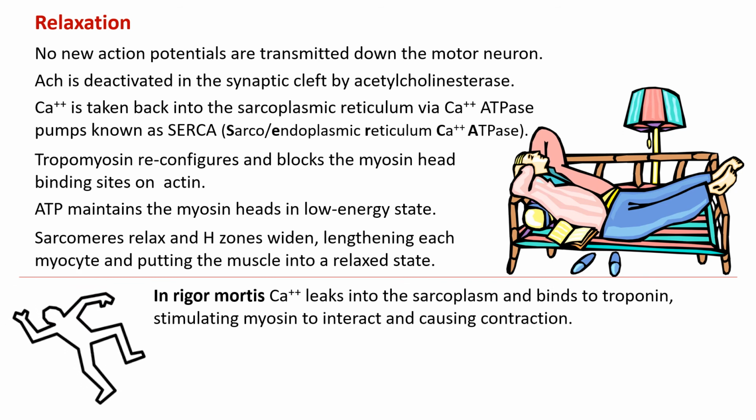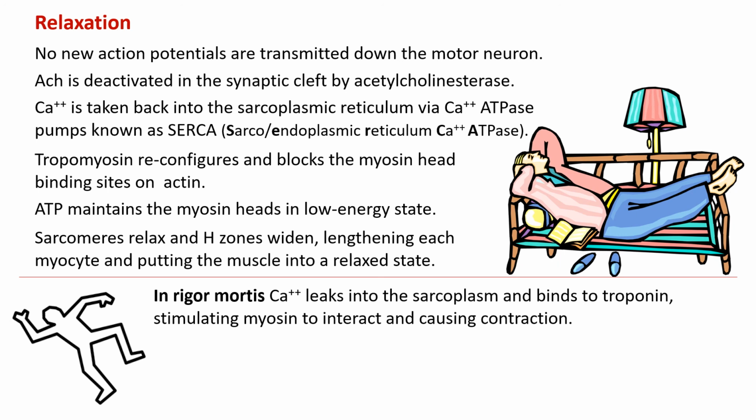And just to finish off, an interesting point. In rigor mortis, there are two things that happen really. One of them is that calcium leaks into the sarcoplasm and binds to troponin. Because of the state of the body, it just leaks back in from the sarcoplasmic reticulum and binds to troponin.